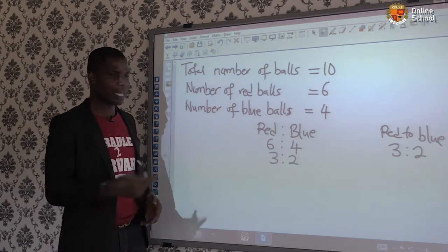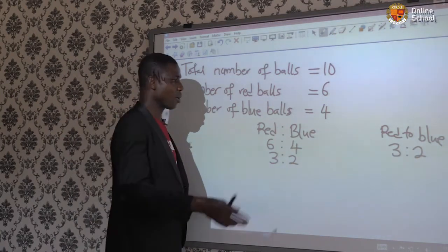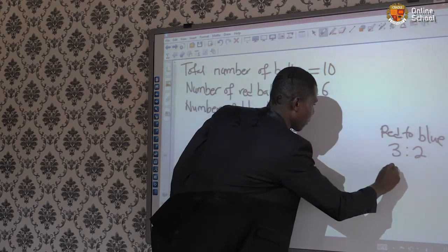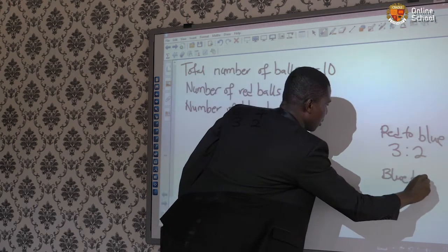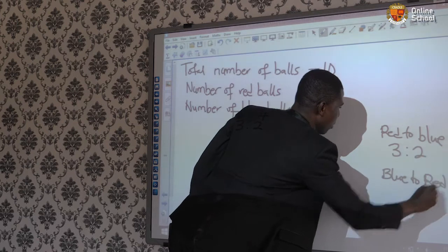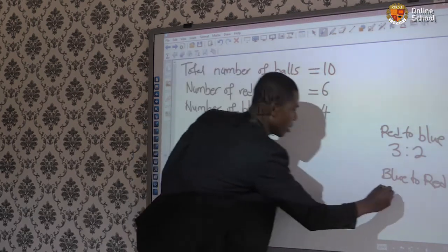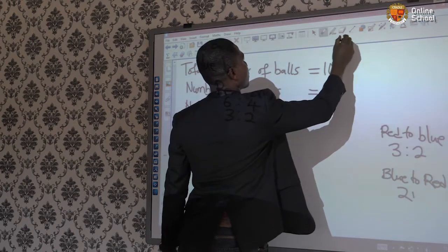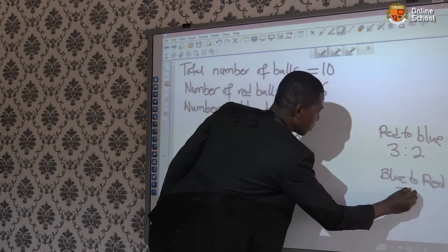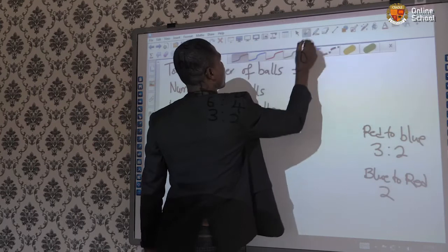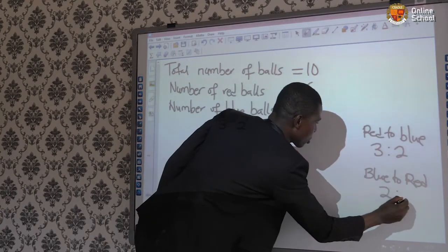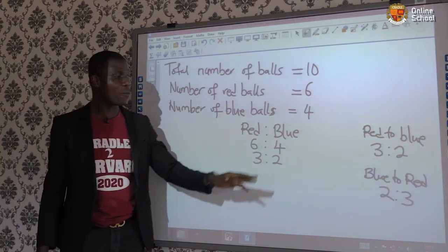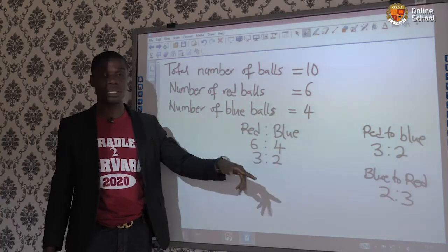And equally, blue to red balls, what's their ratio? 2 ratio 3. The ratio of blue balls to red balls is 2 ratio 3.